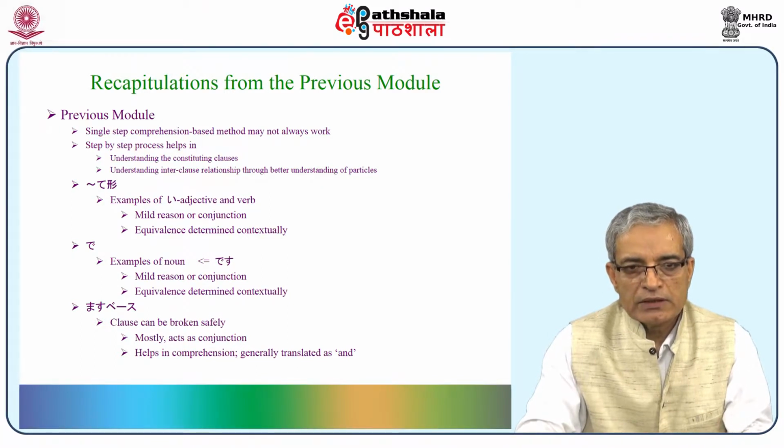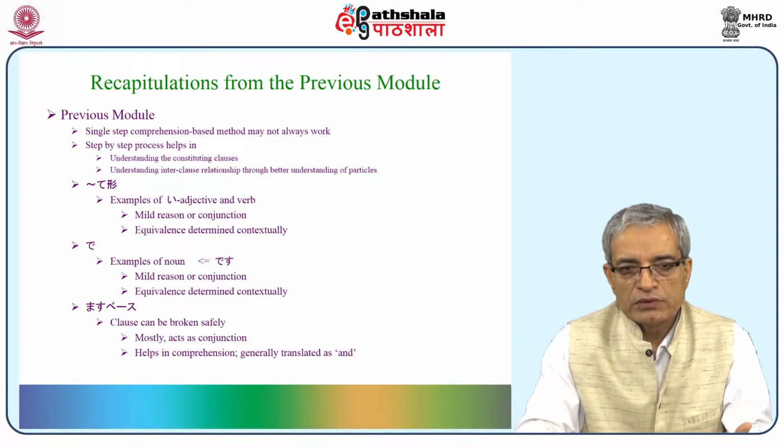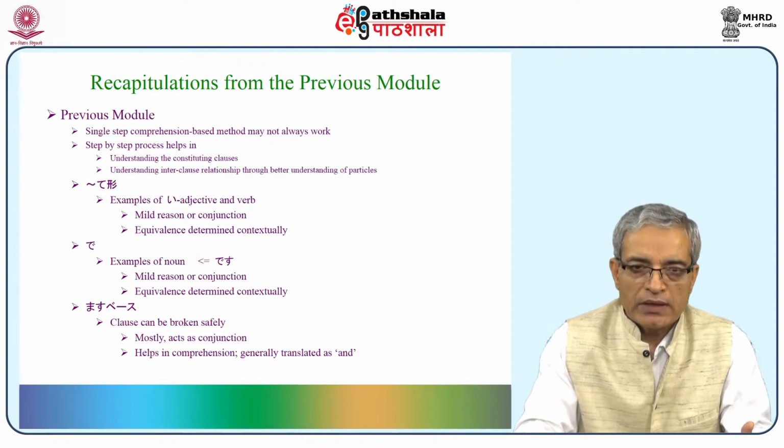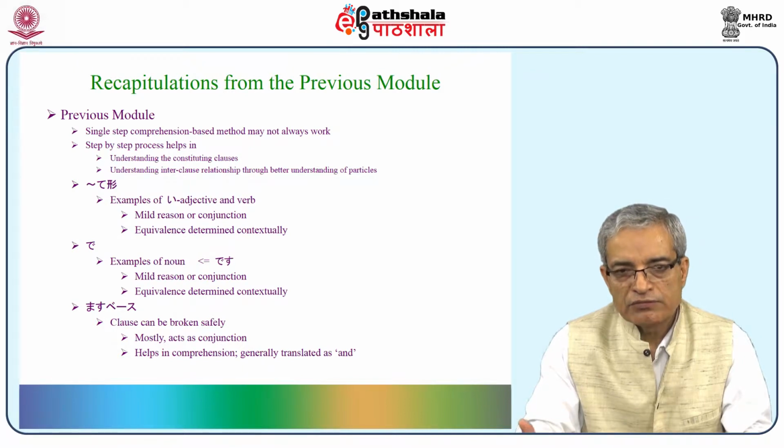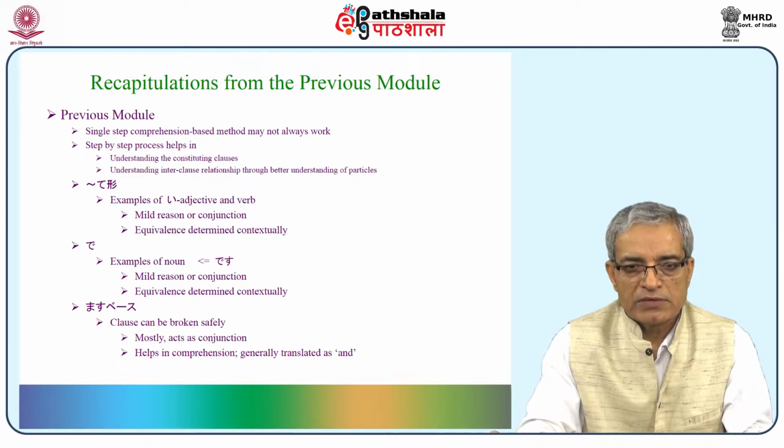We also covered one aspect of the next particle in the previous module, and we found that instead of finishing the sentence, we connect it to the next sentence, making it a clause.